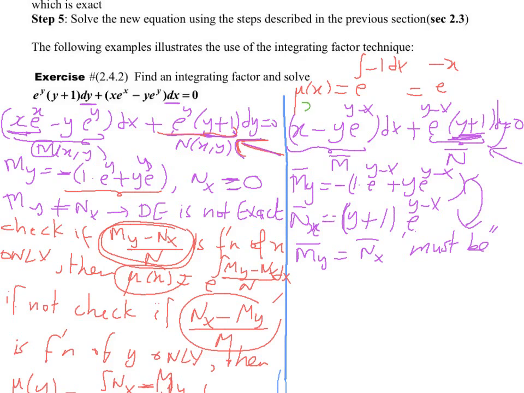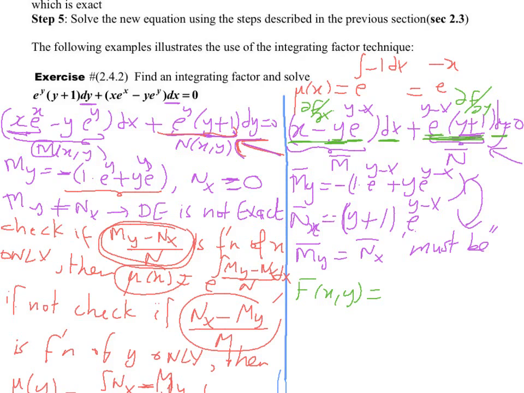Exact means this is partial f partial x, which is M bar, and this is partial f partial y, which is N bar. To find f, we are going to integrate one of them, and we have to see which one is easier. If you integrate with respect to x, y is considered constant, so it's easy to integrate. If you integrate with respect to y, you are going to integrate y e^y, which is by parts.